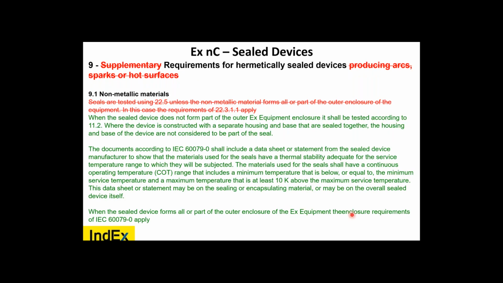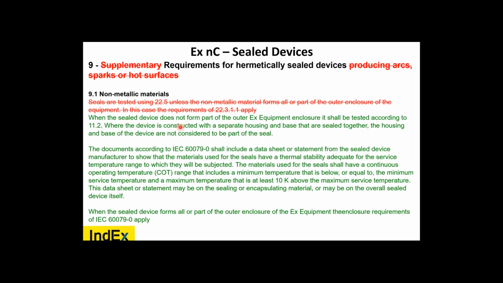Now, when we talk about sealed devices, sorry about that at the top, requirement for sealed devices, not hermetically sealed. So the difference is sealed, welded shut. Hermetically sealed is welded shut. Sealed means something that can be opened and closed without damaging it.